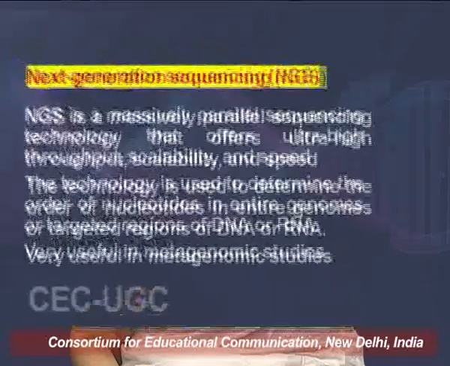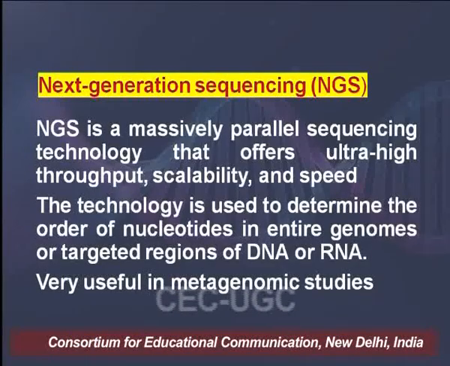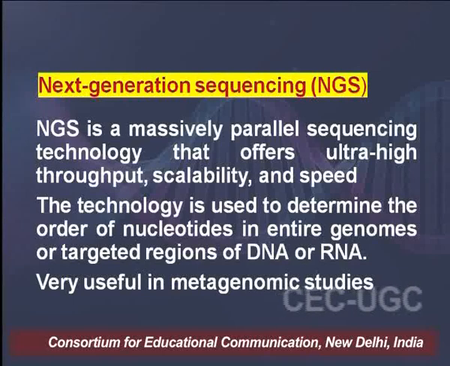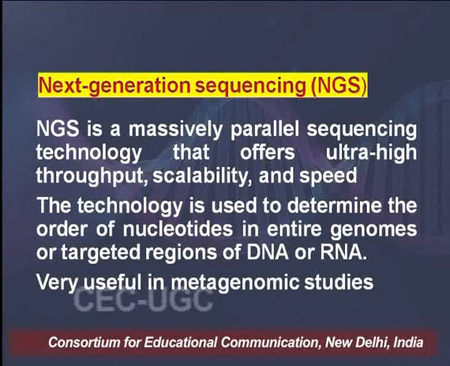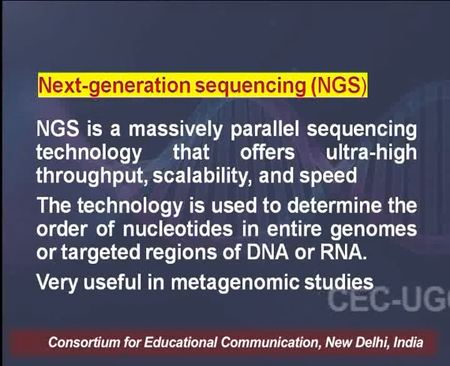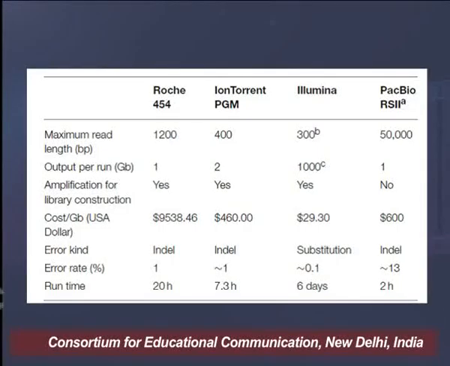Next generation sequencing is a massively parallel sequencing technology that offers ultra high throughput, scalability and speed. The technology is used to determine the order of nucleotides in entire genomes or targeted regions of DNA or RNA, and it is very useful in metagenomic studies. Why?